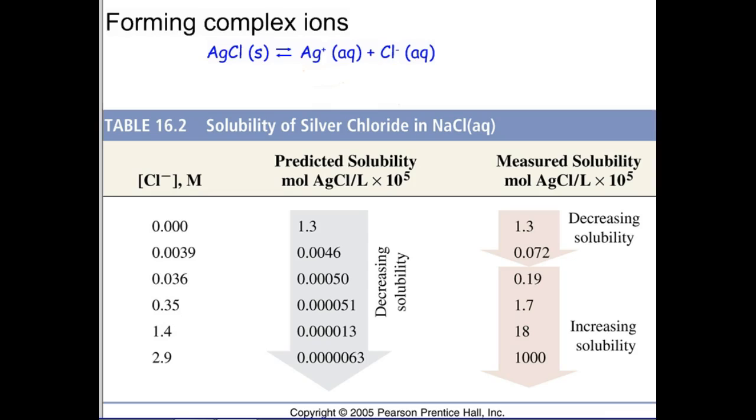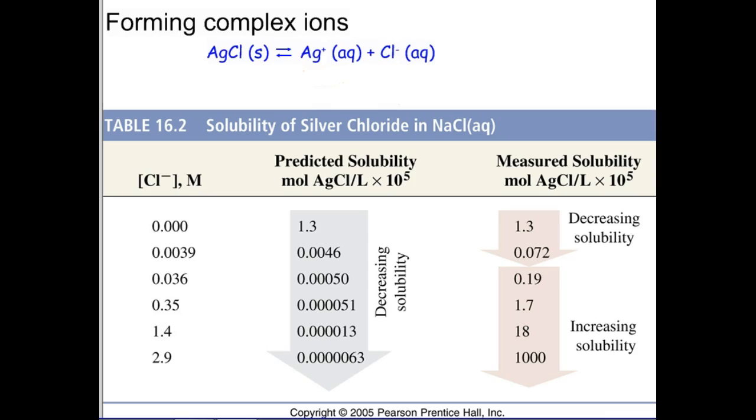That's really small. And we would expect, because we can calculate using the KSP, that as we increase the concentration of chloride ion from sodium chloride, we would decrease the solubility.